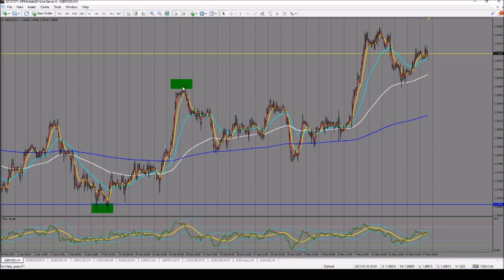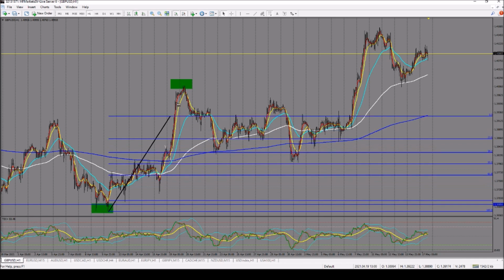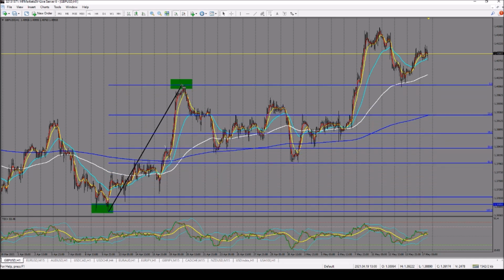So after obtaining the high of this week, we expected the market to retrace to the 61.8 retracement level, and using our Fib tool, from point A to point B, we can see that the market actually respected our concept to anticipate market reversal.